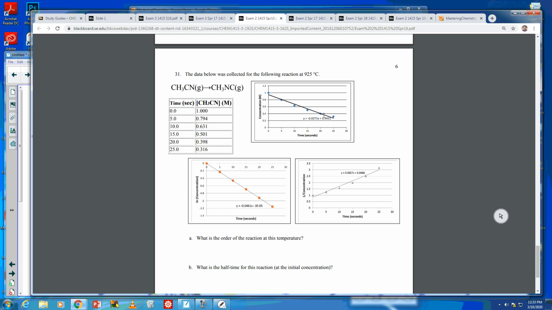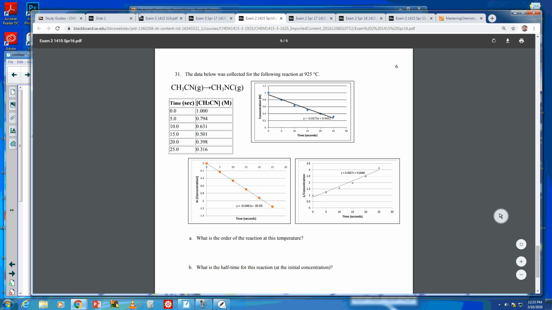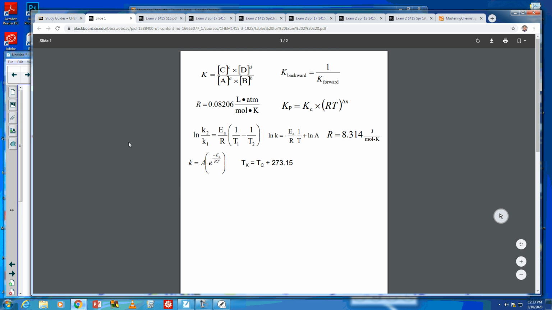Okay. So how would I know that? Well, I could go back and look at those equation sheets and see that when it's the natural log of concentration versus time, that's the one that's first order. Okay. All right, but that was a side track from where we're trying to get.